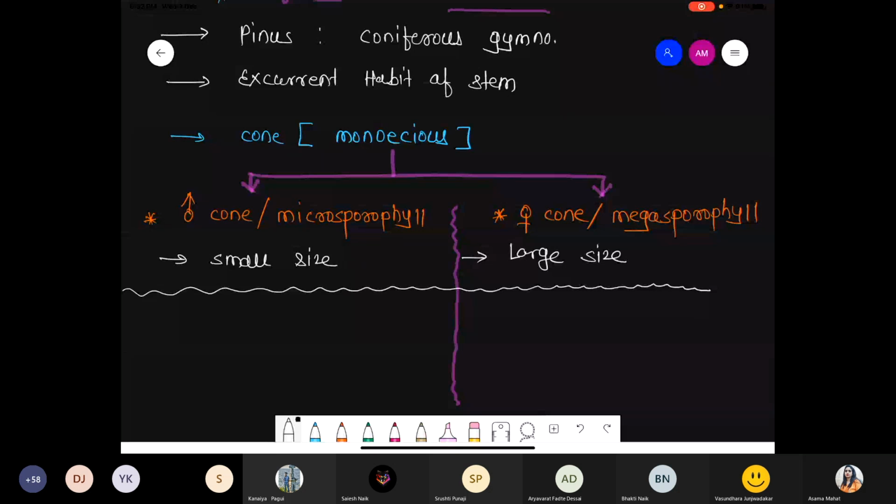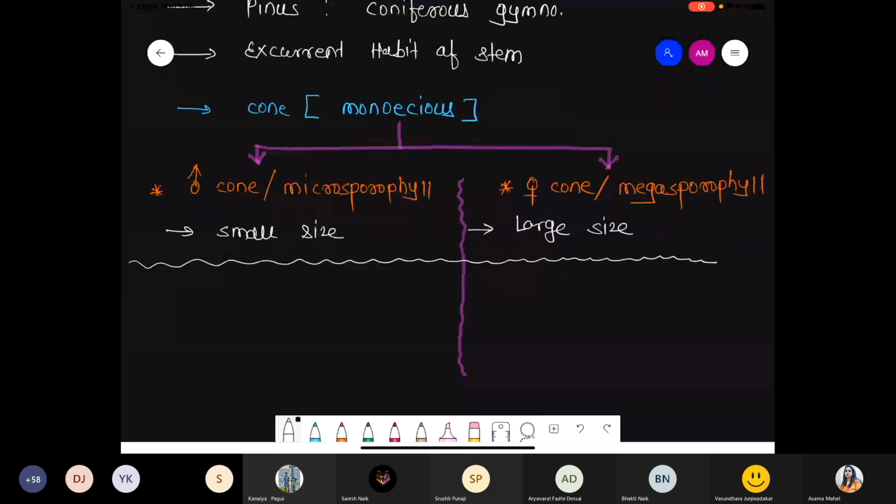Now when we are talking about Pinus, the male cone forms first. Normally, you know very well, whenever we talk about developmental stages, sometimes before fertilization the male part and the female part, for example the egg and the male gamete, mature at the same time. As they mature they perform fertilization, but sometimes the female forms first and the male later, or sometimes the male forms first and after a few days the female forms.